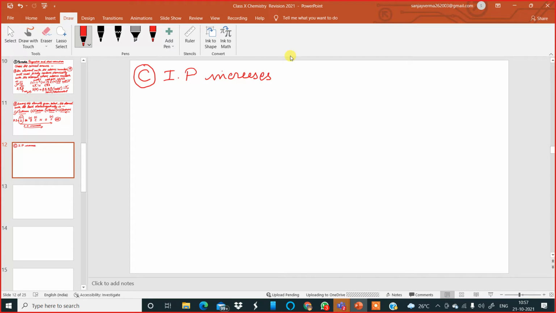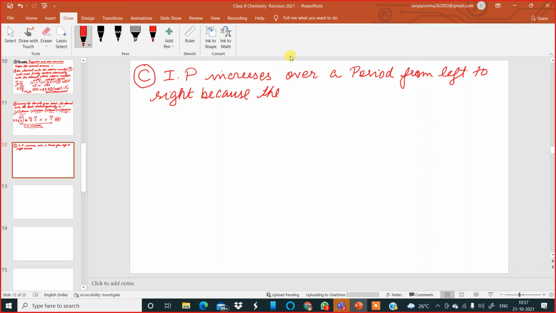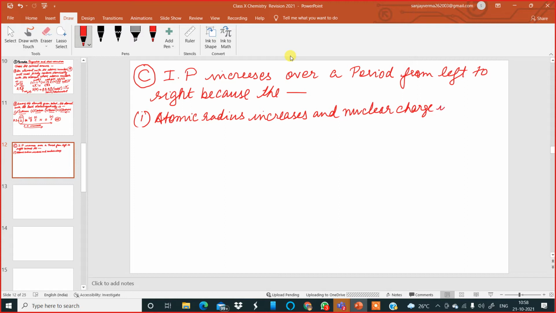IP increases over a period from left to right because the options are: the first option, atomic radius increases and nuclear charge increases. This is the first option.